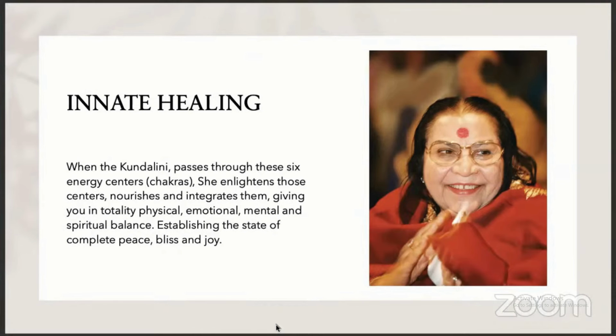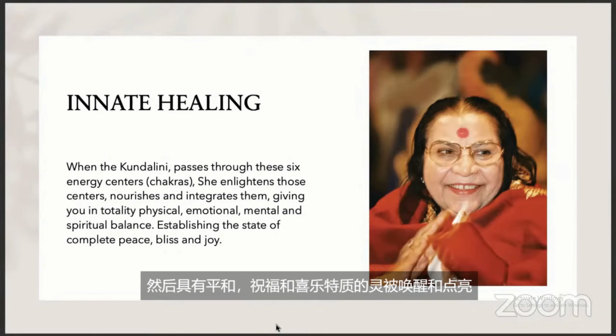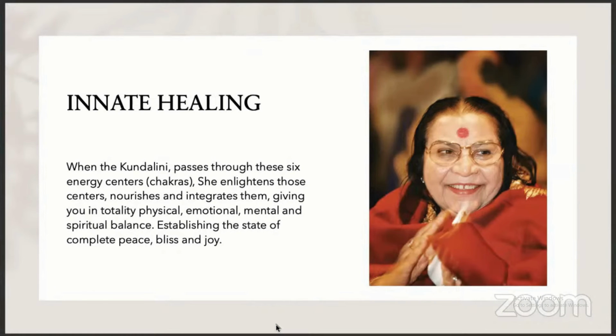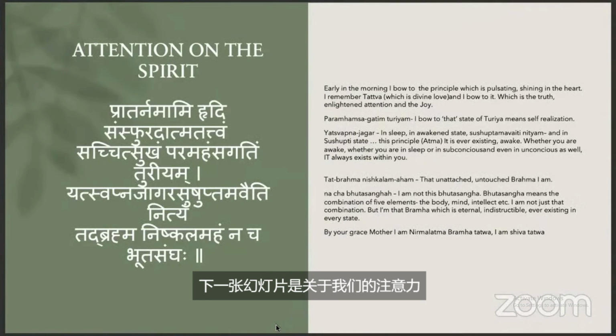Again, it happens because Kundalini, when she rises and enlightens our spirit, and the spirit, which has the quality of giving peace and joy, gets awakened and enlightened, then we start getting our innate healing.